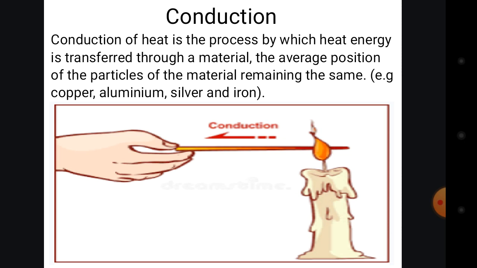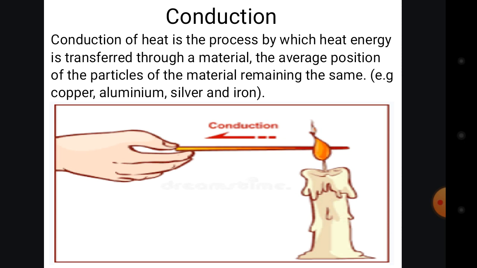But as you know, if you put something like a rubber on heat, it will change its size, because it will turn into a tiny size. So a rubber cannot remain at its same size. But due to conduction, it will remain at its size.